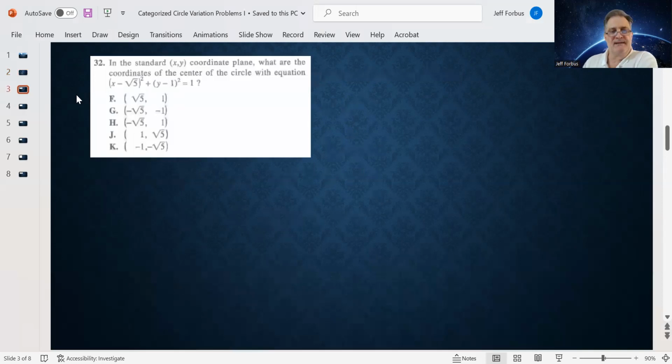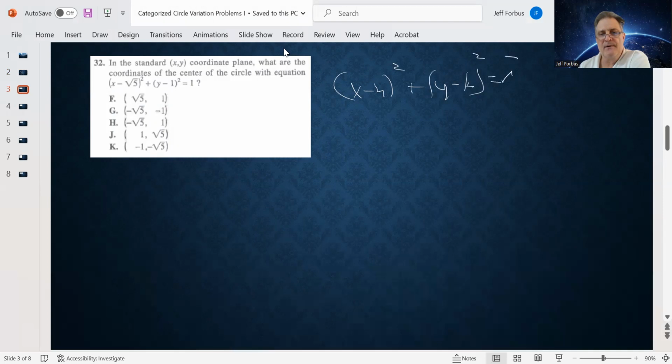First question says, in the standard coordinate plane, what are the coordinates of the center of the circle with the equation given? Well, remember what I just said about the general formula for the circle, x minus h squared plus y minus k squared is equal to r squared.